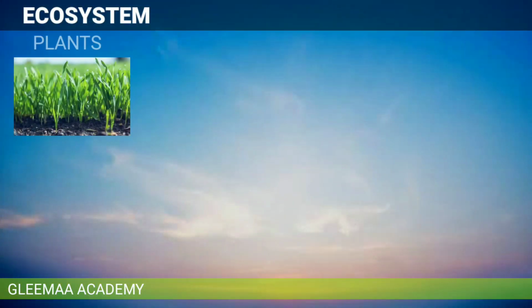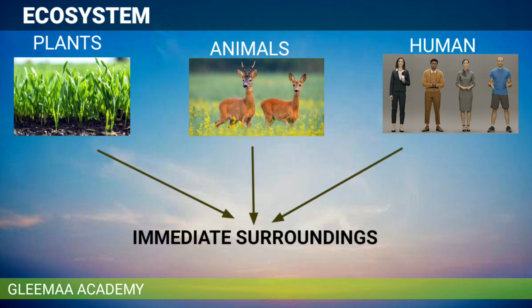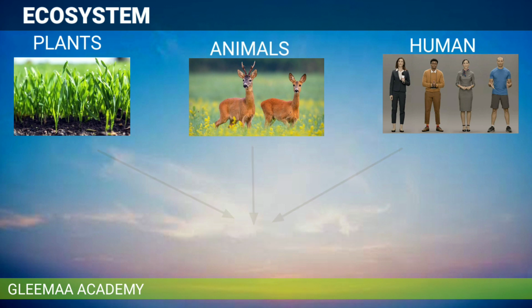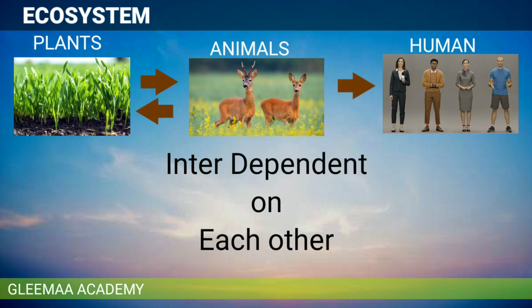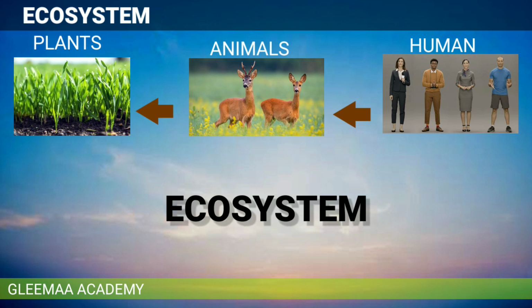All plants, animals, and human beings depend on their immediate surroundings. Often they are also interdependent on each other. This relation between the living organisms as well as the relation between the organisms and their surroundings form an ecosystem.